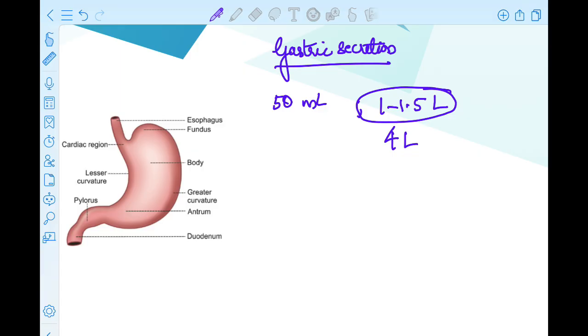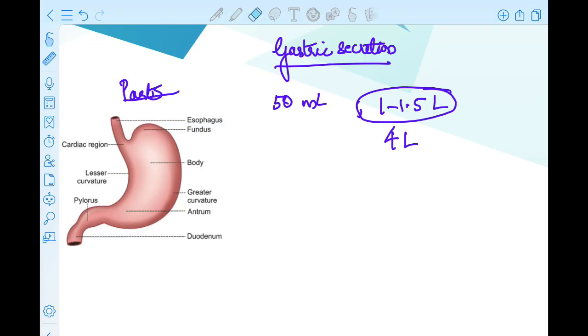Let's see the parts of the stomach. The first region is the cardiac region, then the fundic region, then the body, and finally the pyloric region.